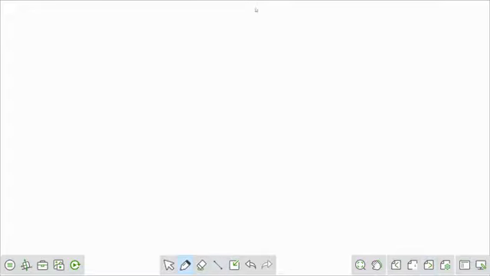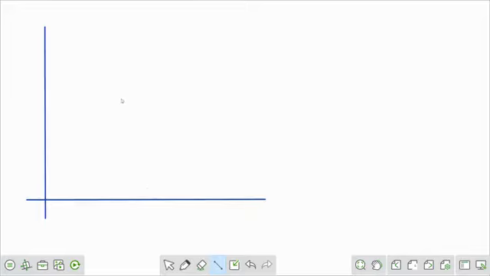So let's do this. Okay, let's use our board like that. I want to see this diagram. So it's a popular diagram that you need to know. So they draw it like this. I like this diagram.